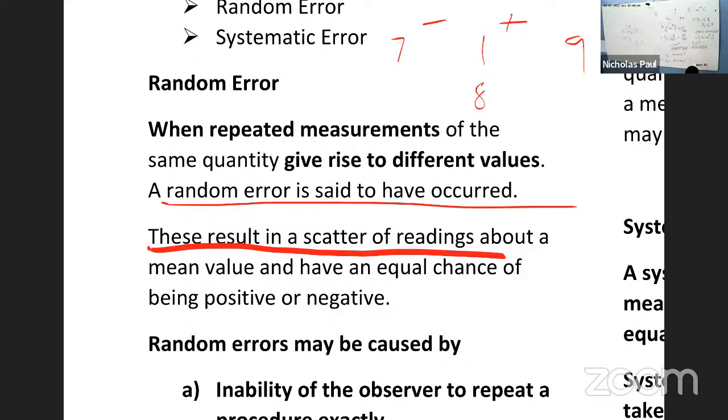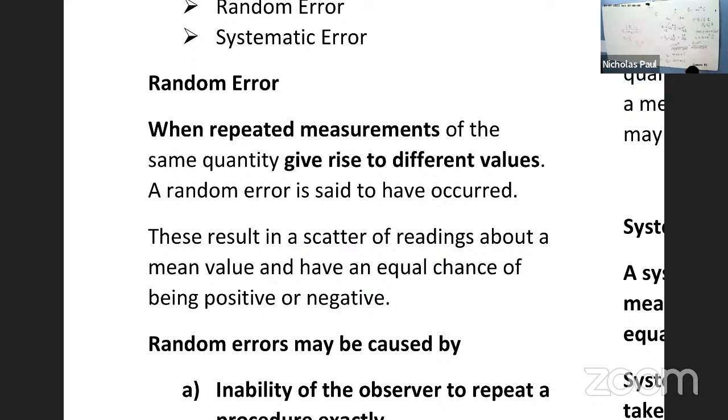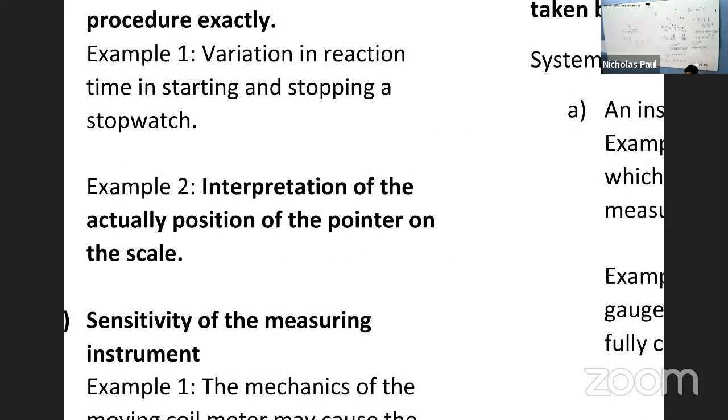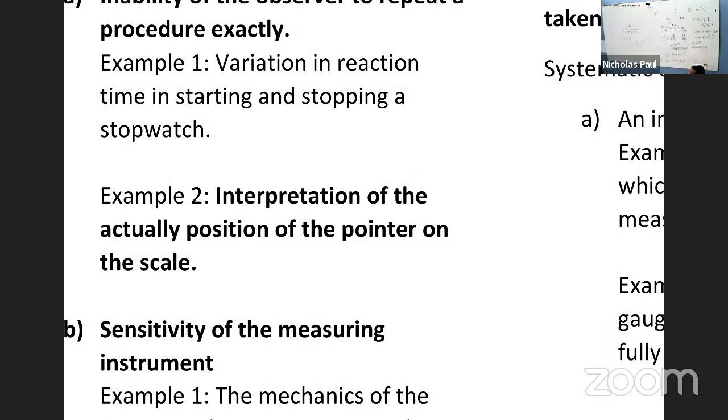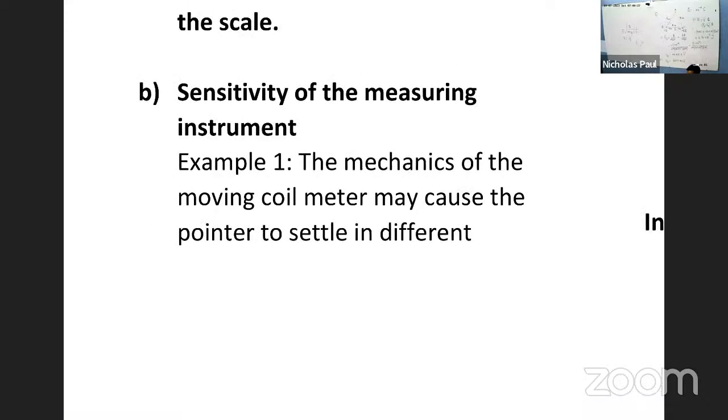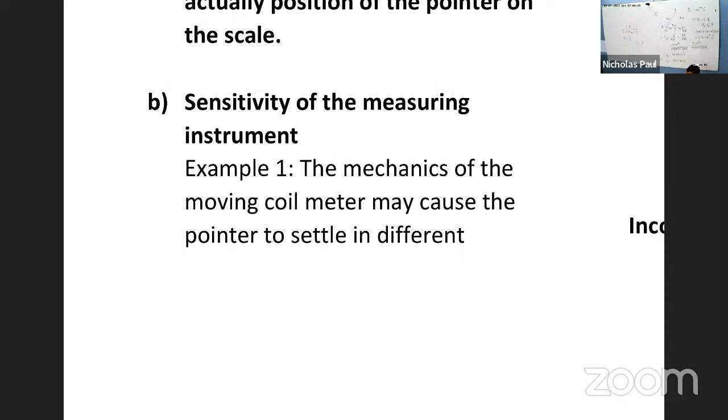Random errors may be caused by the inability of the observer to repeat a procedure exactly. For example, variation in reaction time in starting and stopping a watch. Example 2, the interpretation of the actual position of the pointer on a scale. B, sensitivity of the measuring instrument.